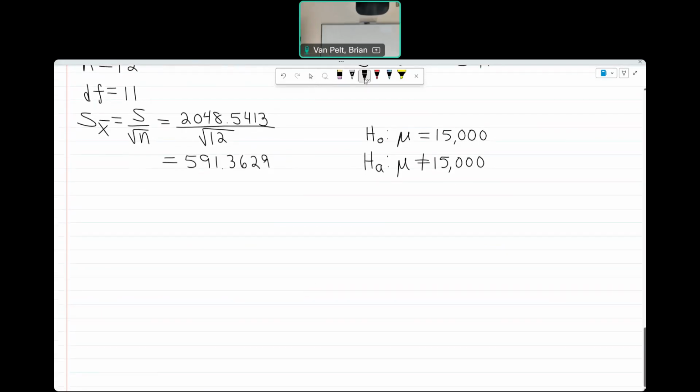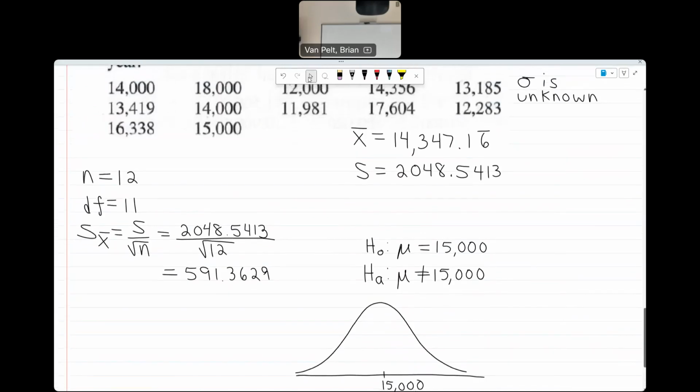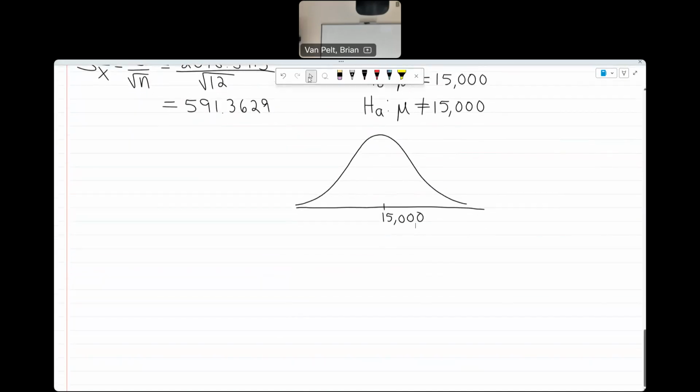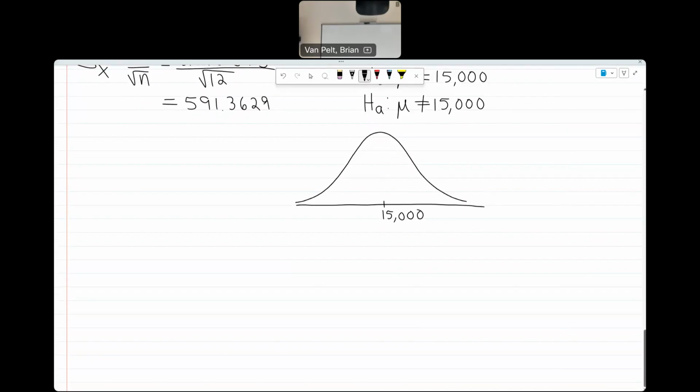So our picture to match this situation looks like the following. The center is 15,000. Then my mean was 14,347, so that's this little piece down in here.